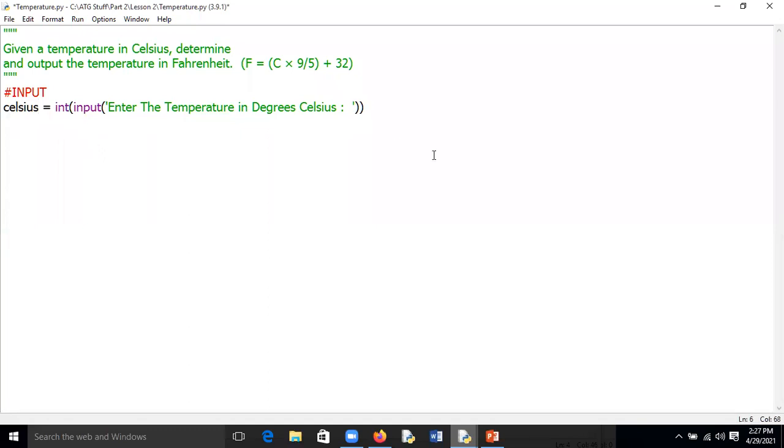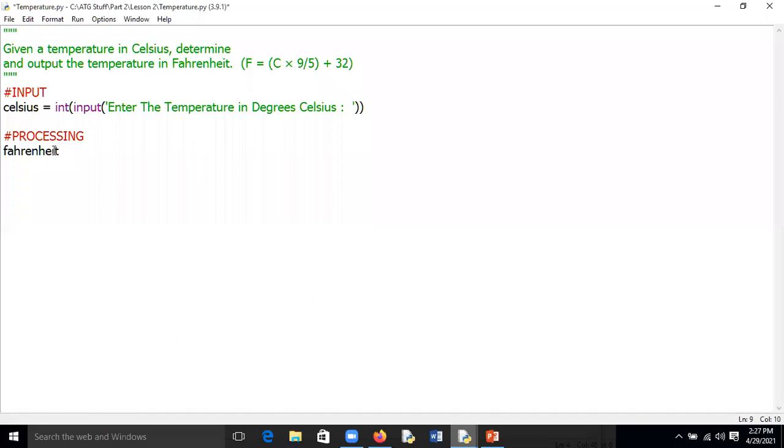Moving on to the next step, which is our actual processing. There's our formula here. There's no multiplication symbol in Python, you know that. And that is what kind of division? That's float, right? So we're going to go with Fahrenheit.